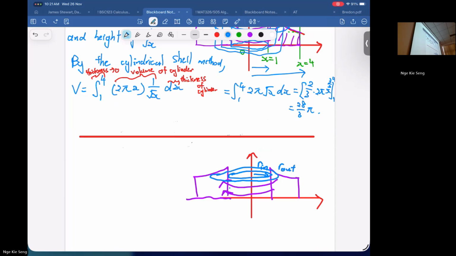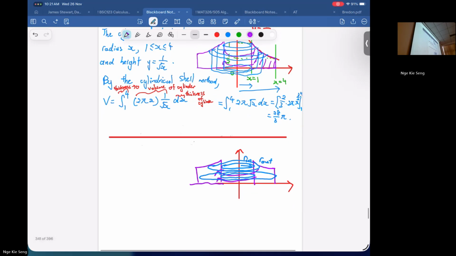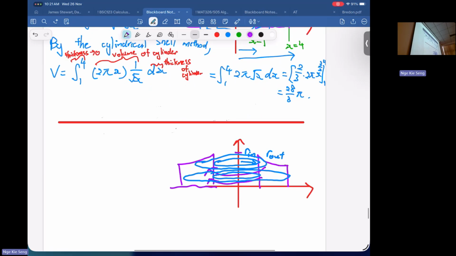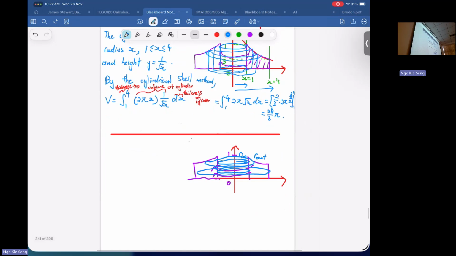You can imagine what levels we need to consider here: we start at y equals 1 until y equals 0. This is called the washer method.